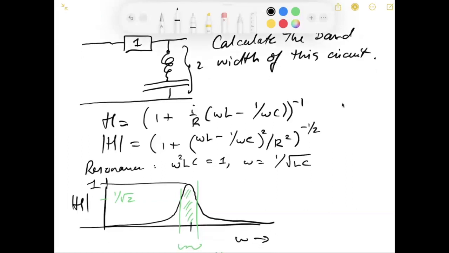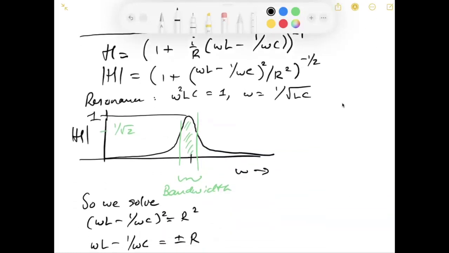The resonance condition is where the argument of 1 over the square root of that thing is 1, and that resonance condition is just 1 over root LC. And then for the bandwidth, we're again using where the magnitude of the transfer function hits 1 over root 2.